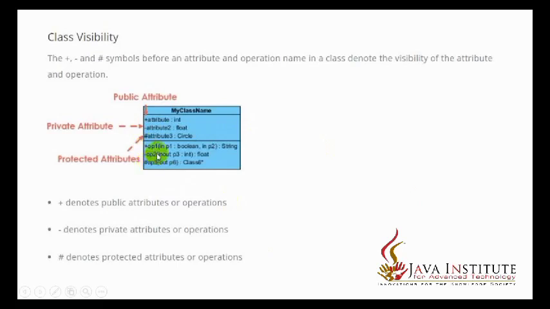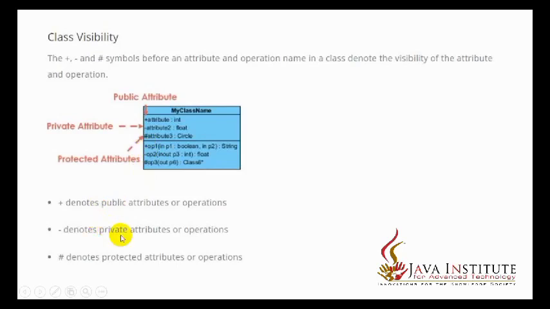The meaning of those symbols is that the plus mark denotes public attributes or operations. We know there are access modifiers and non-access modifiers. So we use the plus mark when it is a public attribute or a public operation. You can see this is a public attribute, so we use a plus mark, and this is a public method, so we use another plus mark here also.